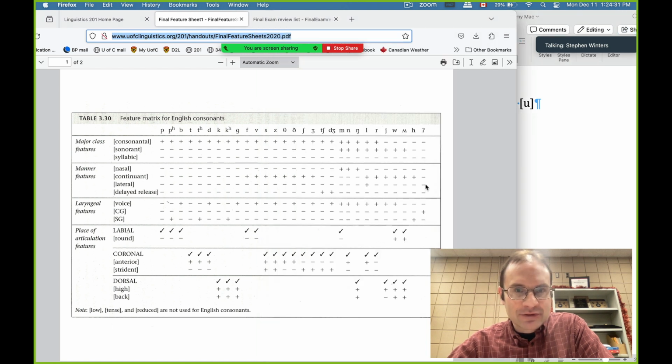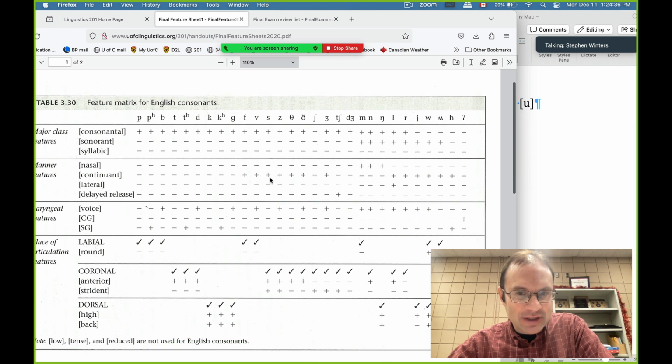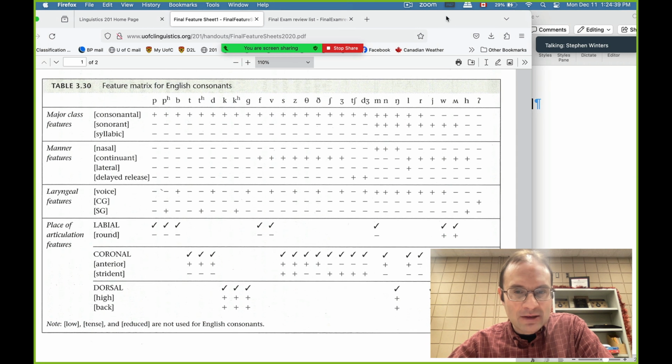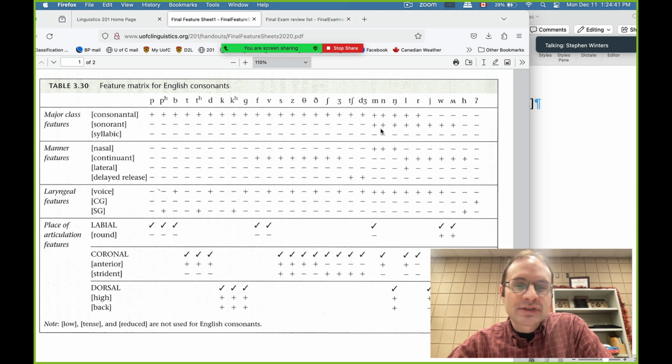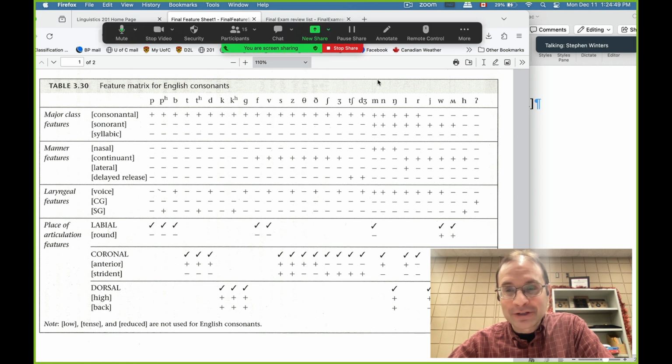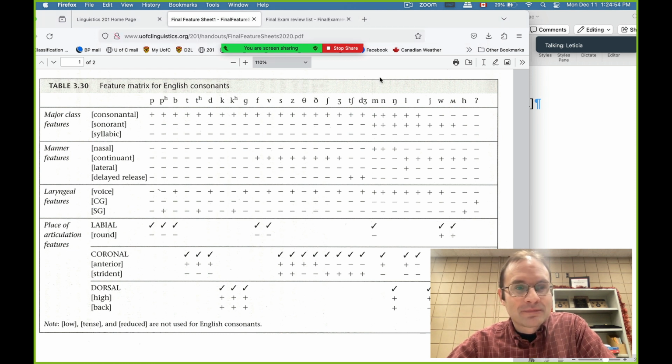If we zoom in on this, maybe you can tell me what is an N? What combination of features specifies an N in distinction to everything else on this table? You're welcome to shout it out or type it into chat. The labial and coronal features? Which one belongs to N? The coronal.